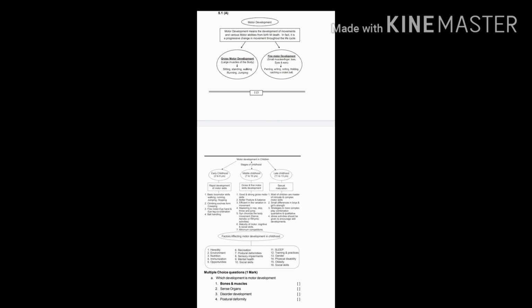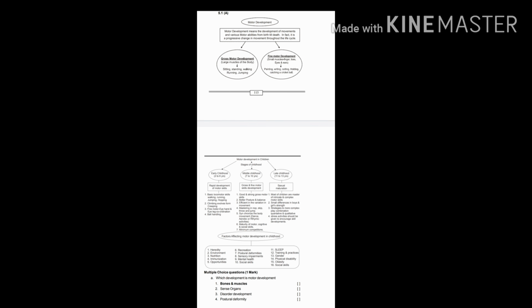Next is middle childhood. Children who are from 7 to 10 years come in middle childhood. And the last one is late childhood. Children who are from 11 to 12 come under late childhood. So first we have to discuss early childhood.